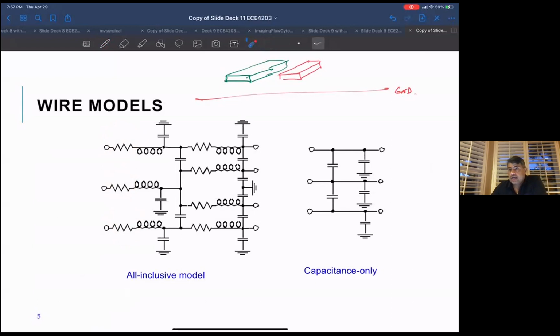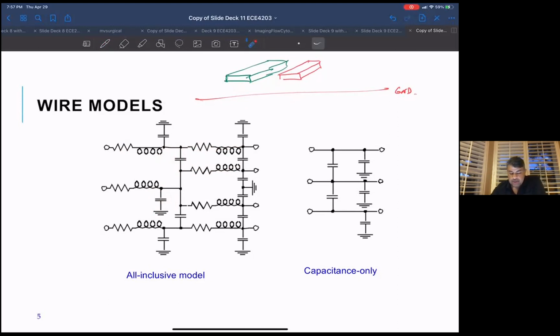Then all these lines actually have inductance values. So you'd have some inductance in parallel with the line, and we actually have inductances between the lines, but it's not included here. You'll have some capacitance to ground, represented by these guys. But then you also have some capacitance between the lines, like these guys. So you have resistance, inductance, and capacitance.